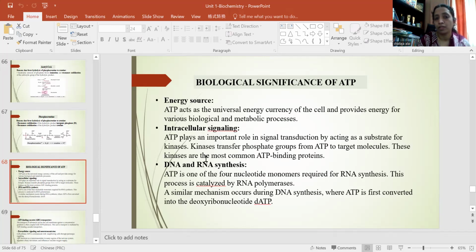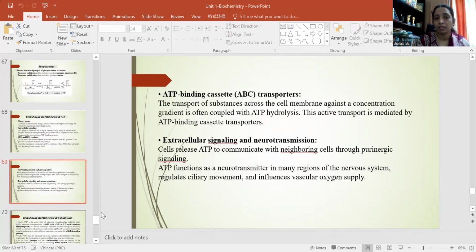It is also important for DNA and RNA synthesis. A similar mechanism occurs in DNA synthesis, where ATP is first converted to deoxyribonucleotide dATP.